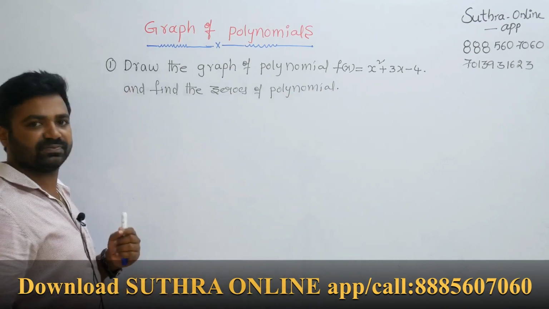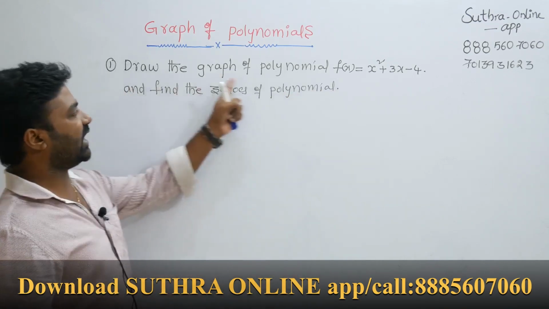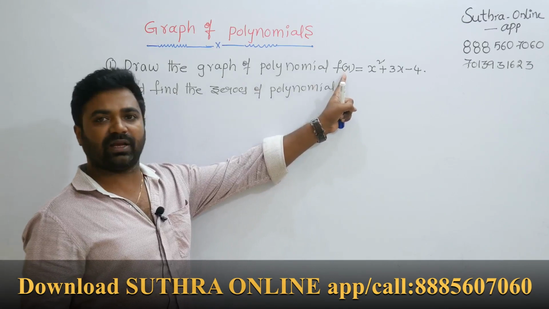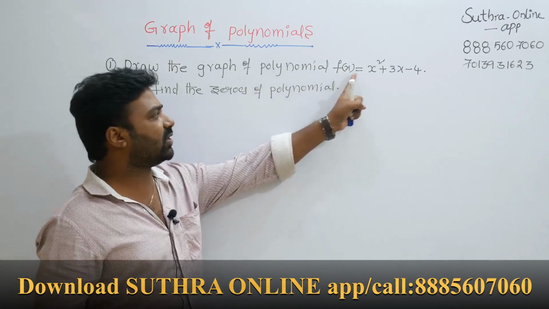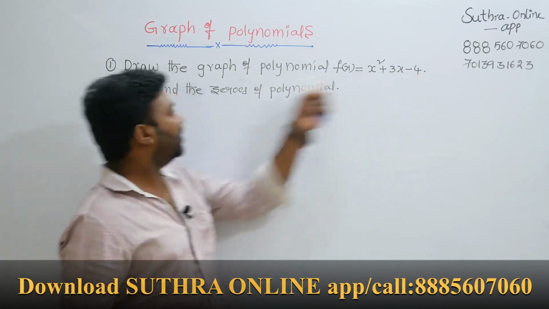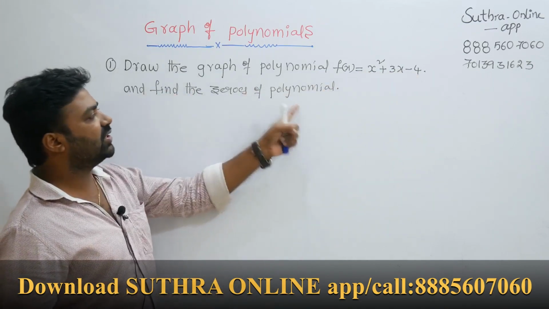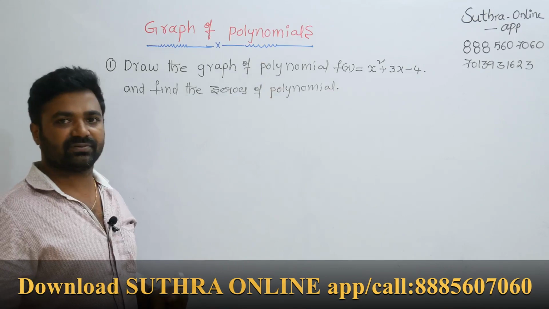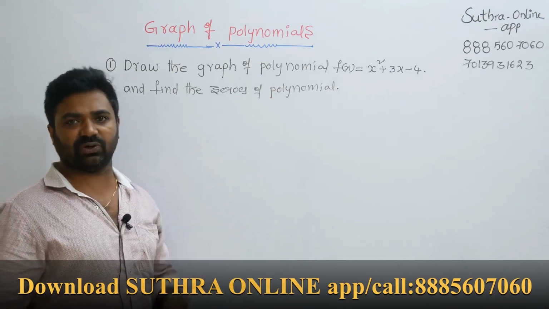So it is the question. Draw the graph of the polynomial f of x equal to x square plus 3x minus 4, and find the zeros by using the graph.